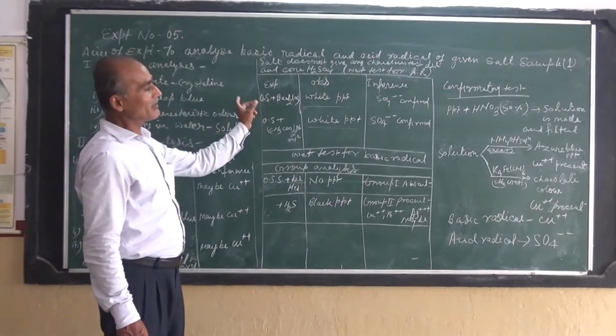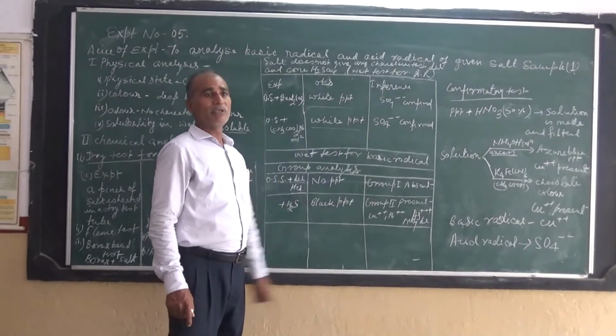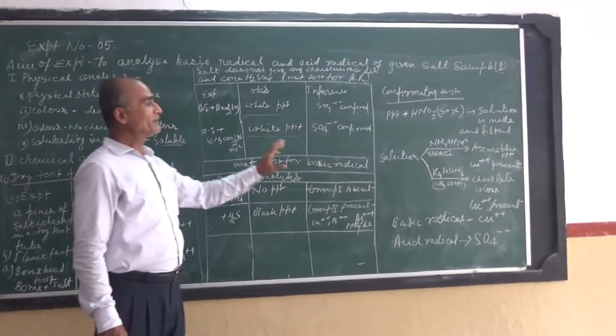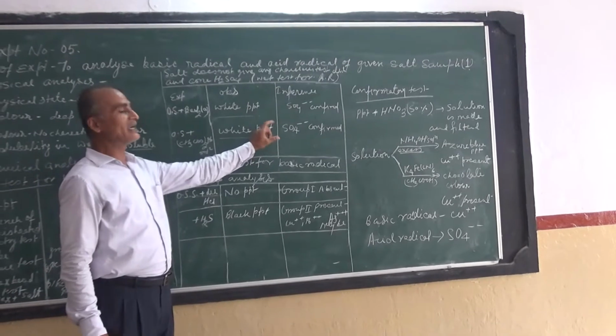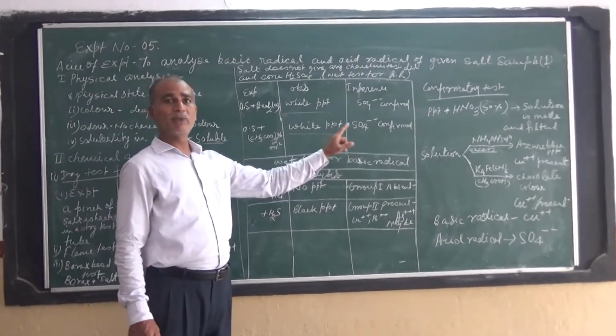After getting the confirmation that the acid radical is sulfate, we go through the wet test for the basic radical.